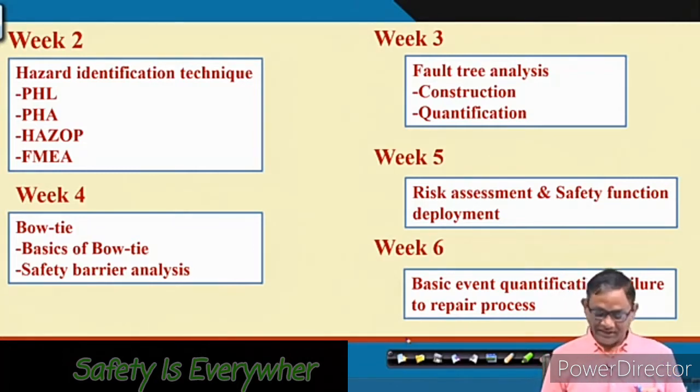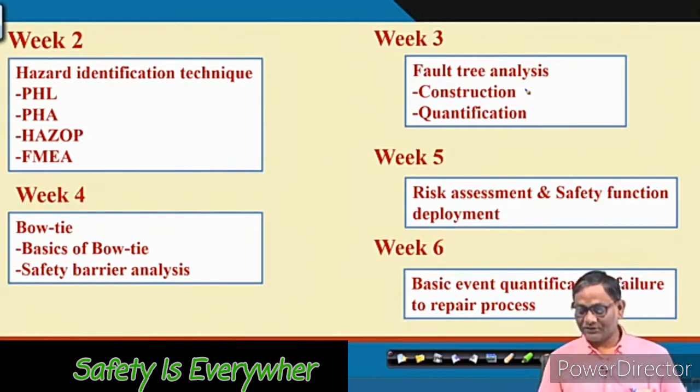Then after bow tie analysis, in week 5 we gave the details of risk assessment, considering all those tools and techniques, and societal risk and individual risk calculation was also given to you. And please remember, from the plant risk assessment point of view, individual risk as well as societal risk is very, very important.